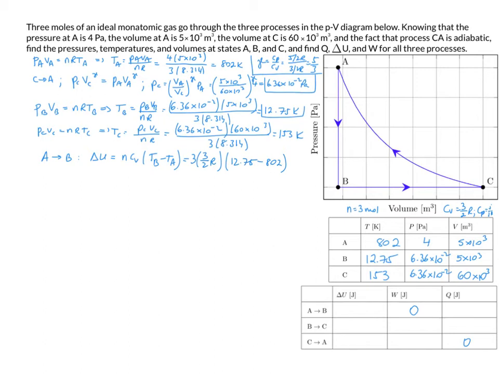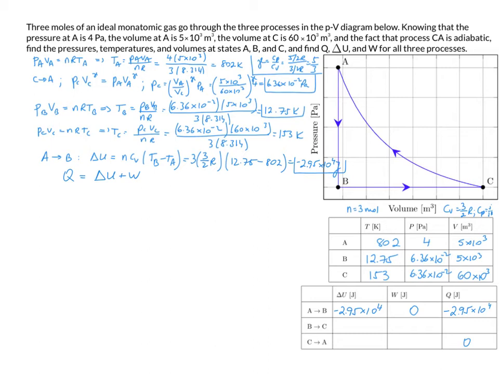So change in internal energy from A to B is negative 2.95 times 10 to the 4th joules. So I'm going to put that in here, negative 2.95 times 10 to the 4th. All right, so by the first law of thermodynamics, Q equals delta U plus W, that means that heat from A to B is also negative 2.95 times 10 to the 4th joules.